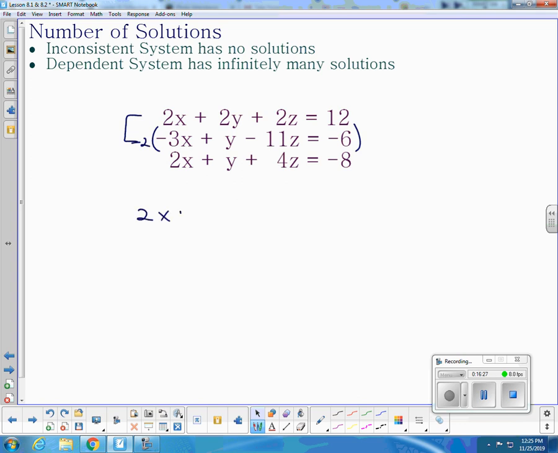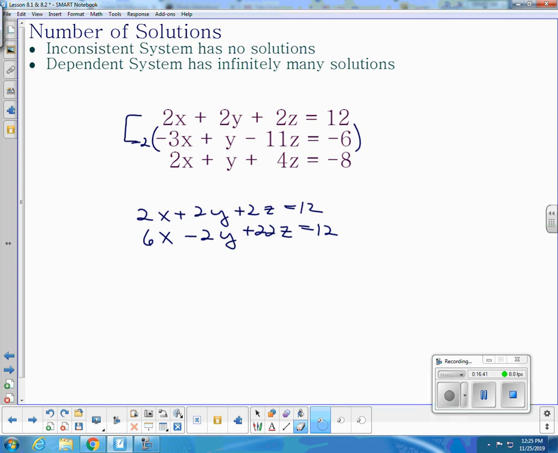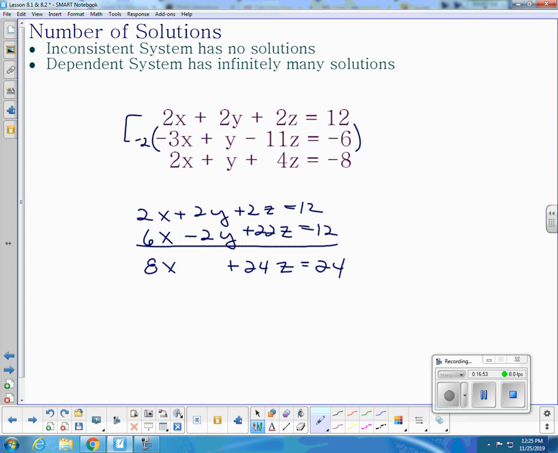So I have 2x plus 2y plus 2z equals 12. My top equation did not change. I'm multiplying by a -2, so that's a positive 6x minus 2y, positive 22z equals 12. All right, so I get 8x plus 24z equals 24.